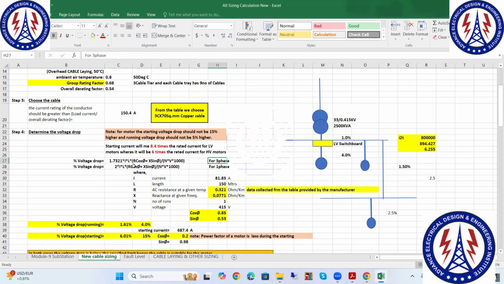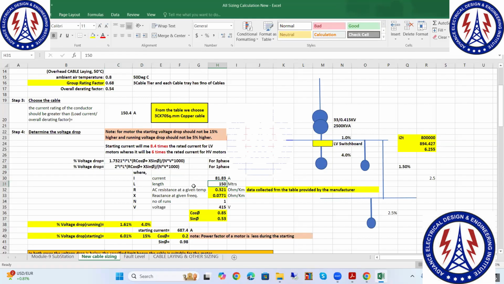If your cable is single core and your voltage is single phase, then it's 2 instead of √3. So it's a formula. Now, I is the rated current, L is the length, meaning from panel to the motor.